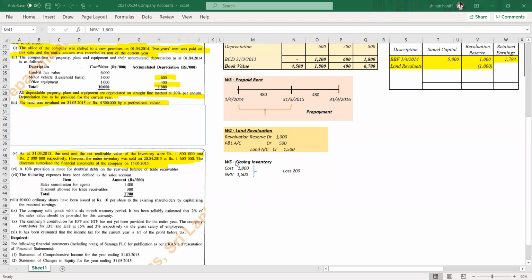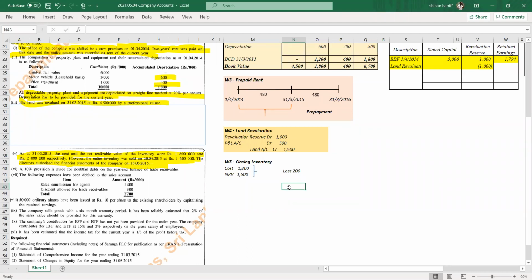So we need to write off 200. What is the double entry for this write-off? Double entry for this loss is, I give the double entry.